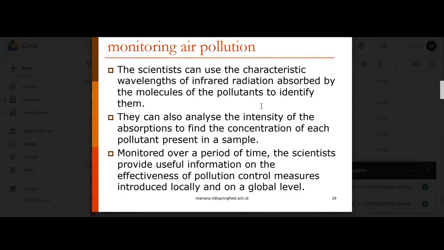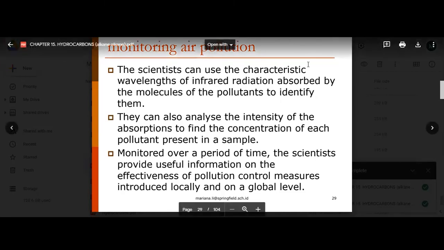The intensity represents the concentrations of pollutants in the sample. If you monitor over a period of time, scientists can think of effective ways to reduce the pollution, because infrared spectroscopy can detect very small amounts of pollutants and is very precise.